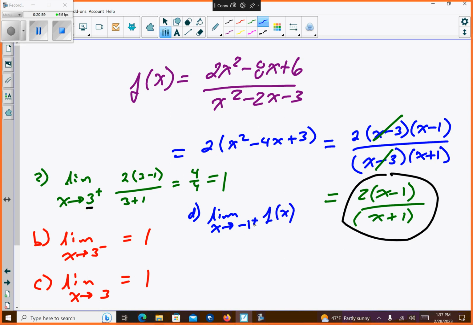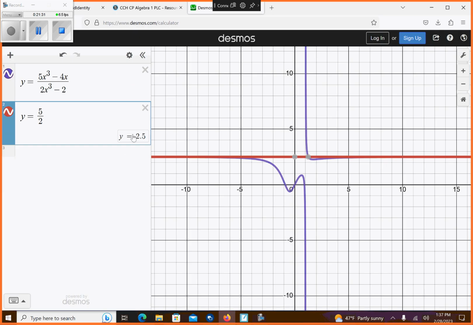Okay, if I approach -1 from the positive, if I directly plug -1 in, this becomes 0. So we have to think about another way to get there. If we jump back onto Desmos and just graph the original, the green function, it should work.